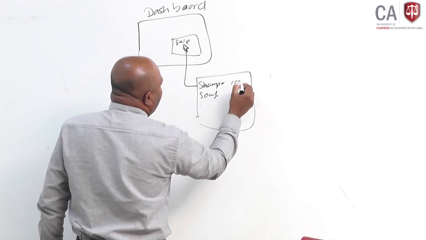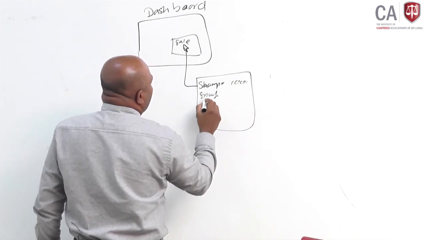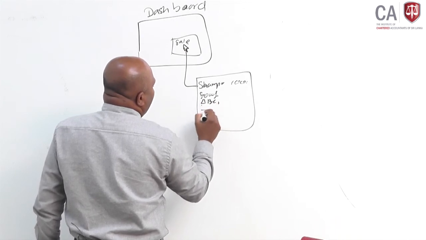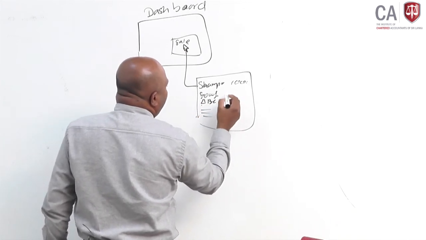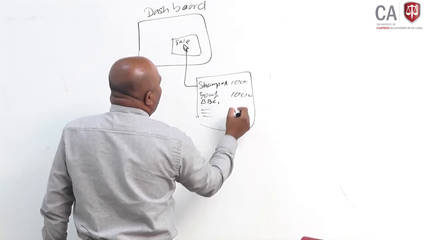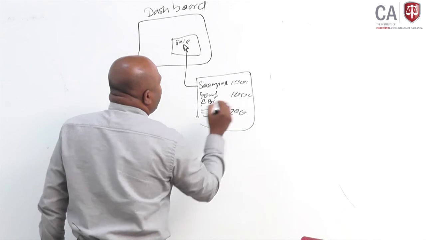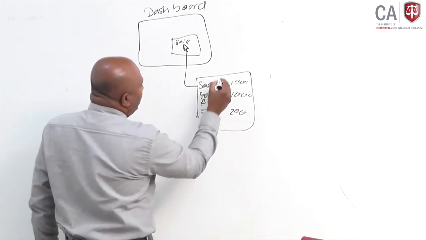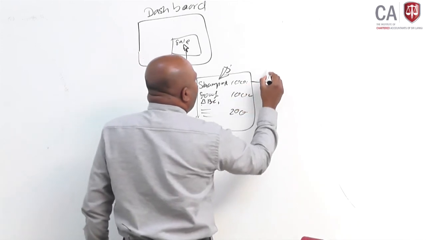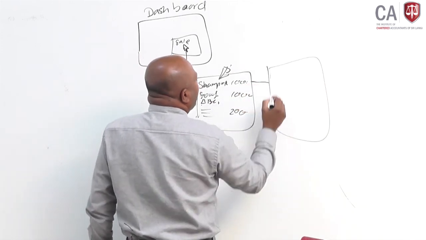Likewise, how many quantities are sold. Shampoo, different names, let's say A, B, C, D, different shampoo names are there. Then you know how many quantities are sold. When you click on this one, that will show another report.